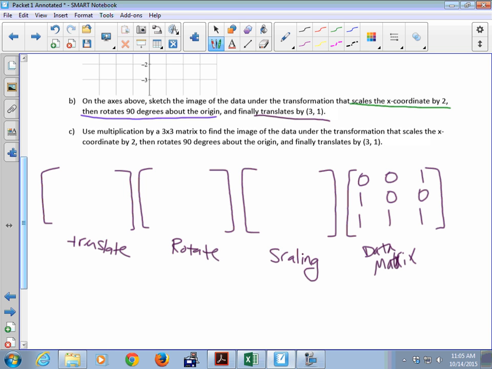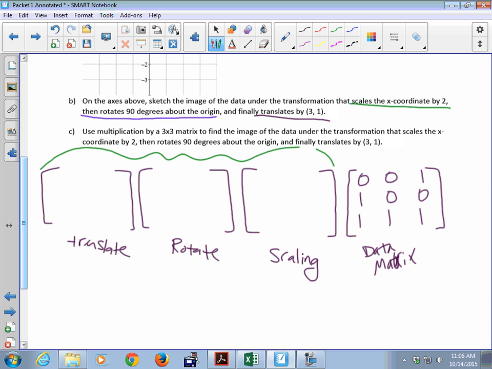So the goal is, if you always want these 3 things to happen to whatever data you have, like if you're writing a whole program and this is what you want to do to all your points, you multiply all these 3 together to get one 3 by 3 matrix that you can multiply your data matrix by to see where your data lands. So the data matrix multiplication has to be last.